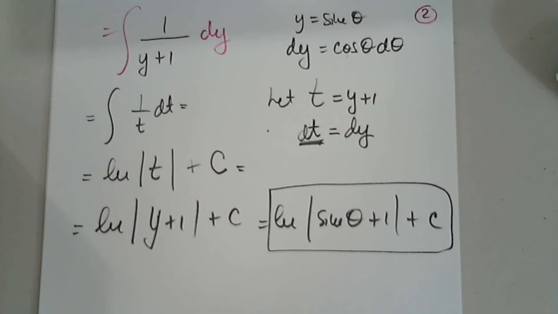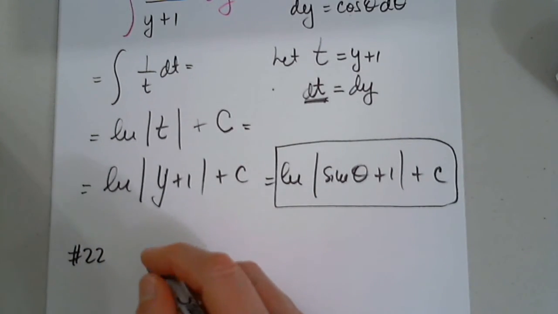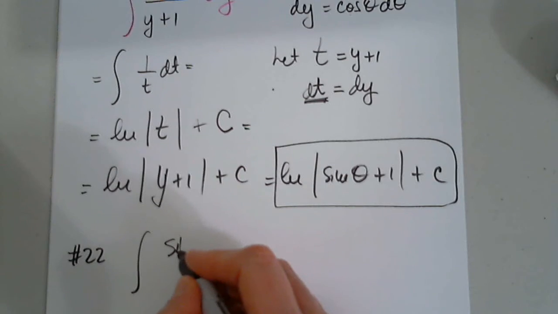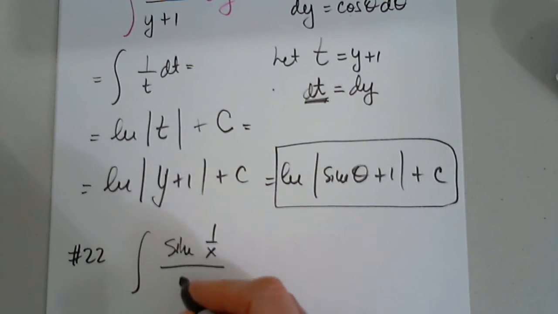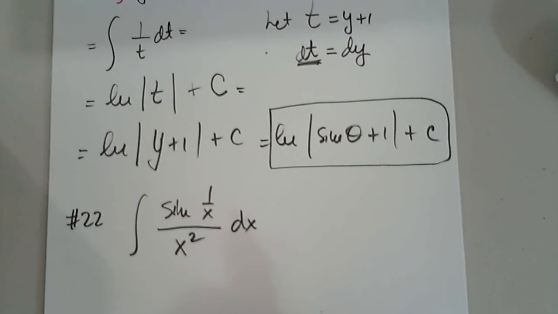Okay, so we look at 17. Okay, my turn to choose. 22. And then you're next. Sine 1 over x divided by x squared dx. And I'm going to show a slightly different path. You choose the one you like. And if you have a third one, I'm fine with it too.